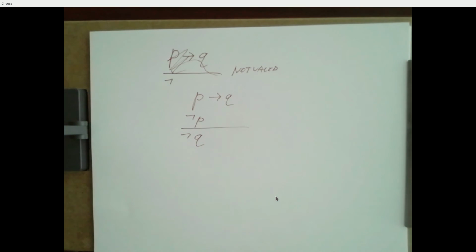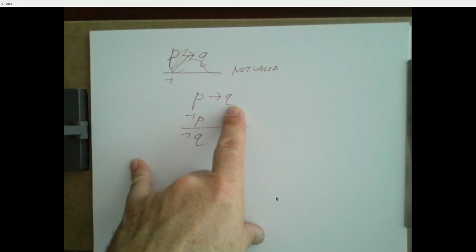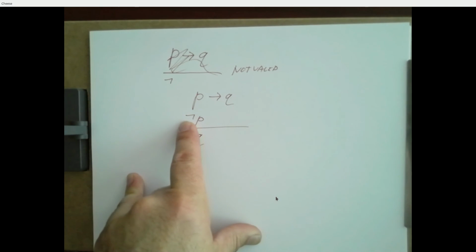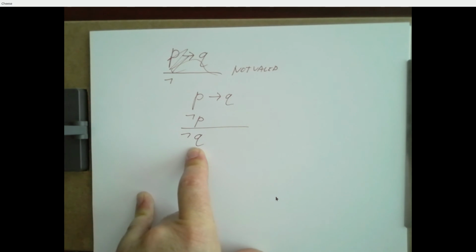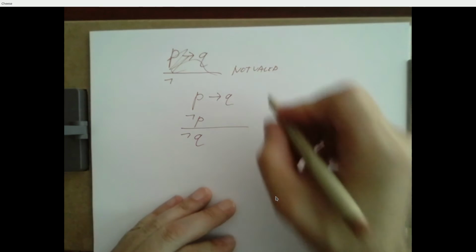So in our example, what is this saying? If you are a cat, then you like fish. You are not a cat, therefore you must not like fish. Doesn't follow from those first two propositions. It's possible you're a person and you like fish.